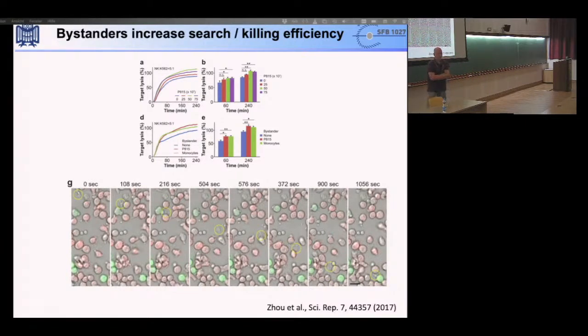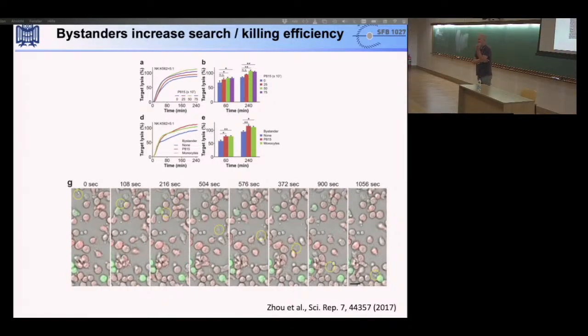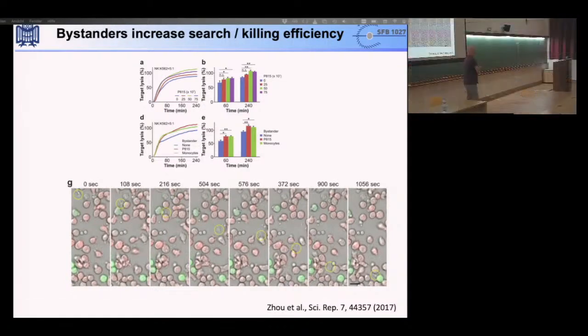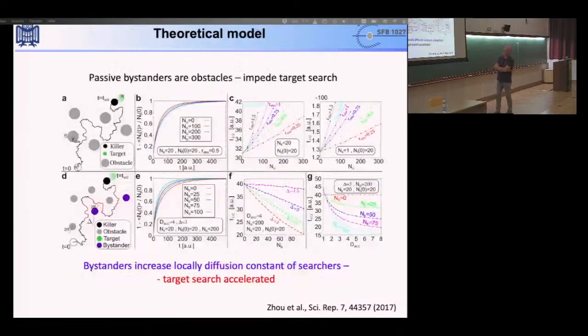When the diffusion constant decreases, the mean first passage time goes up, right? And that means as a function of time, the killing efficiency should be smaller for higher bystander density, and the contrary is observed. So you can sort of check that in a simple model.